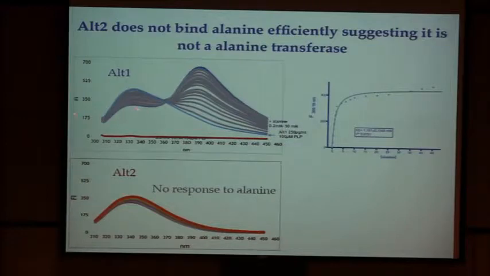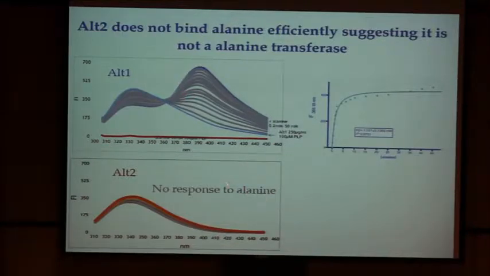In this case, I used L1, the alanine transaminase, as a control. This blue line is the spectrum of a protein that doesn't have alanine. And when you add alanine, a new maximum begins to increase.